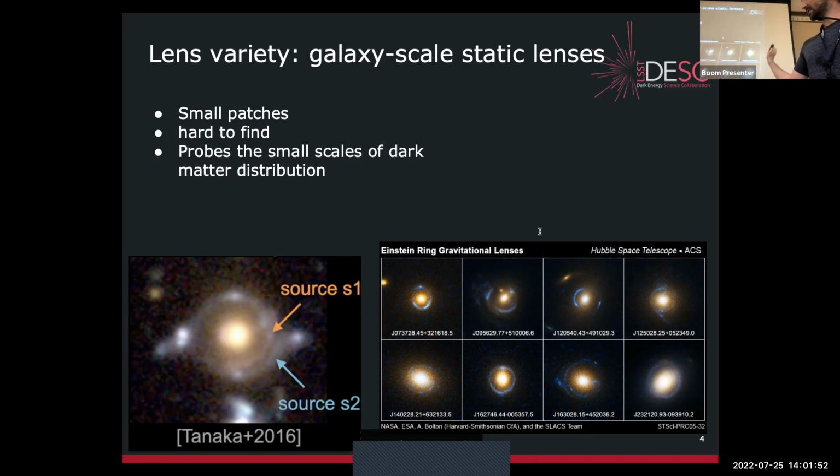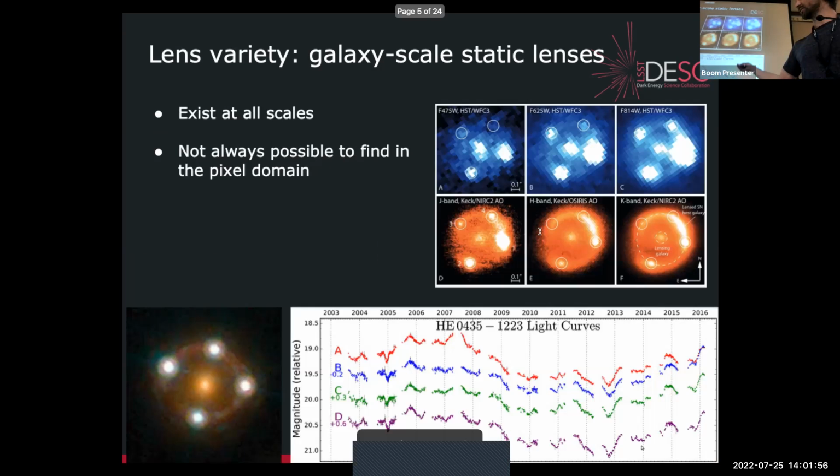These are in the static domain, so it's just a galaxy being lensed by a galaxy. But of course, we're very interested in finding strongly lensed transients, which LSST is going to be great for, because we'll have the whole of 10 years to exploit.